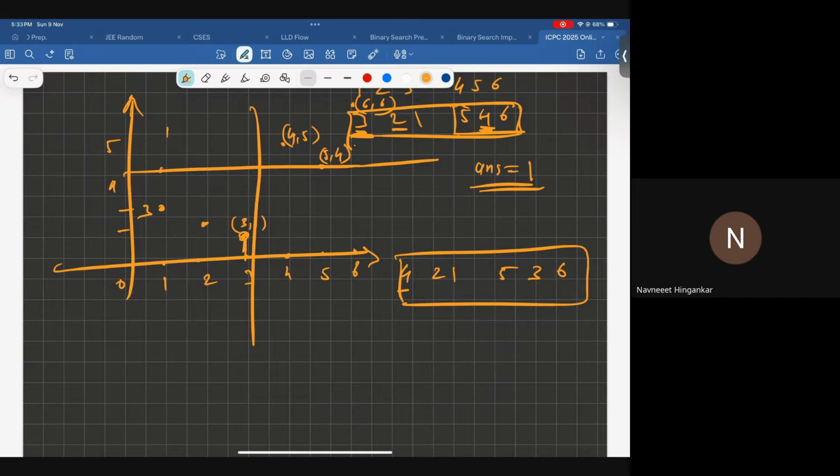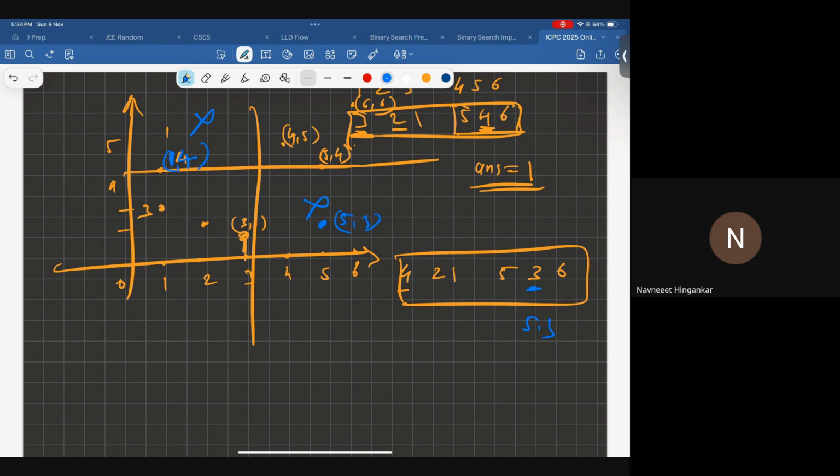Sorry, here 1 comma 4, the new number I will write in blue. 1 comma 4 is the new pair, and you can see it moved. This quadrant was empty initially, but the moment I did the exchange, this got pushed into another quadrant. And similarly, this number, which was 5 comma 3, got pushed into another quadrant.